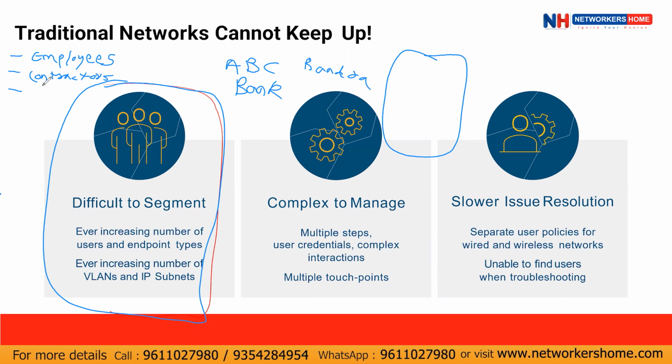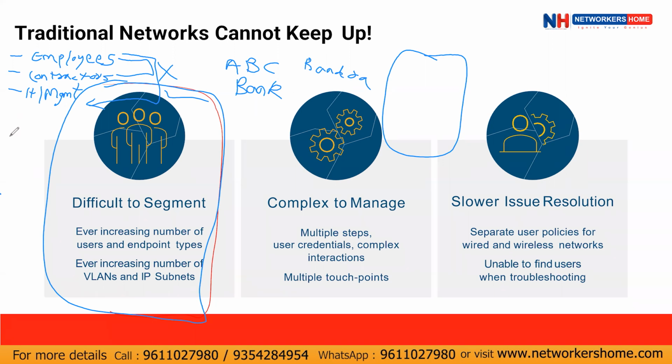Then there are some higher management people who need special privileges, special accounts, or special access. And we have different types of access lists wherein the employees and contractors cannot speak to each other, while the employees and higher management can speak to each other, a different set of ACLs.